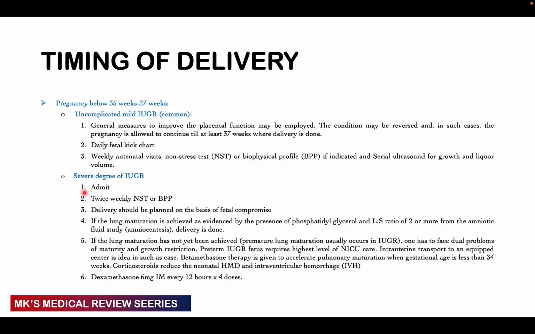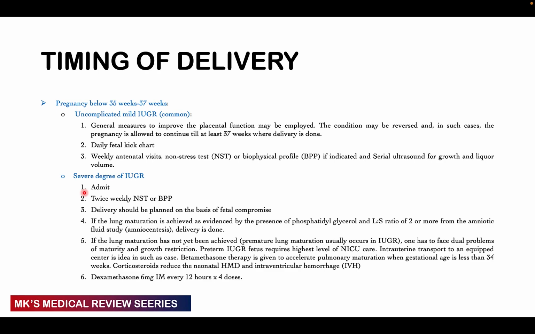If the pregnancy is below 35 weeks and it's an uncomplicated mild IUGR, which is quite common, we employ the general measures to improve the placental function, then the condition may be reversed in some cases, and we can allow the pregnancy to continue until 37 weeks where delivery can be done.